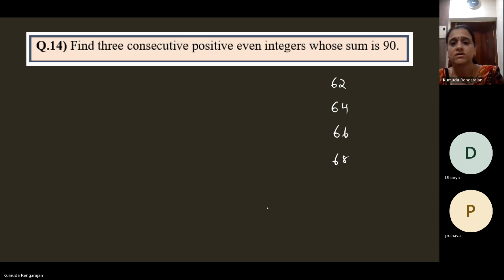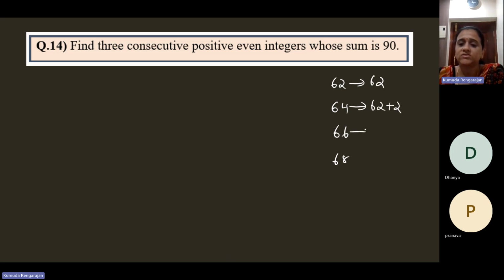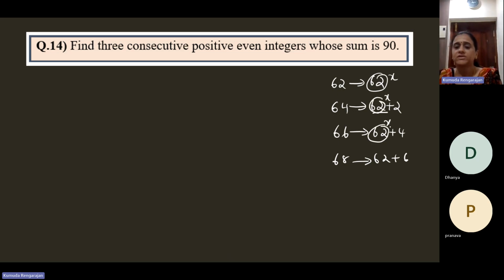So 62, 64, 66, 68 are four consecutive positive even integers. This is 62, this is 62 plus 2, 64, this is 62 plus 4, 66, and this is 62 plus 6, 68. So if 62 is x, then this is x plus 2, x plus 4, x plus 6.